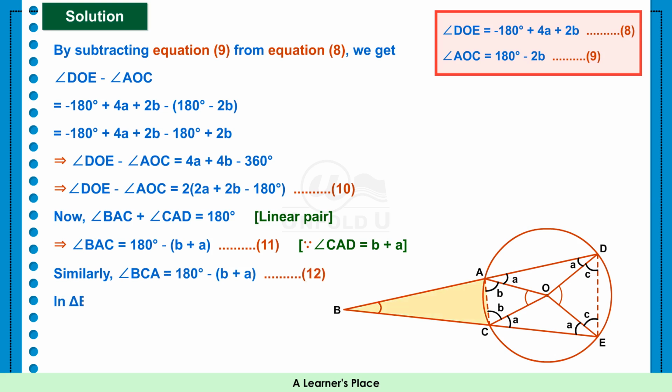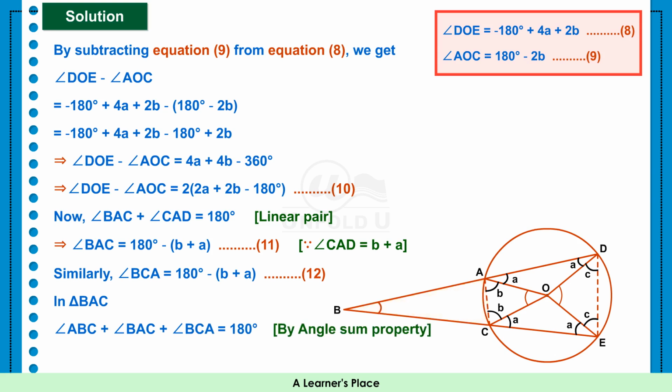In triangle BAC, angle ABC plus angle BAC plus angle BCA is equal to 180 degree.